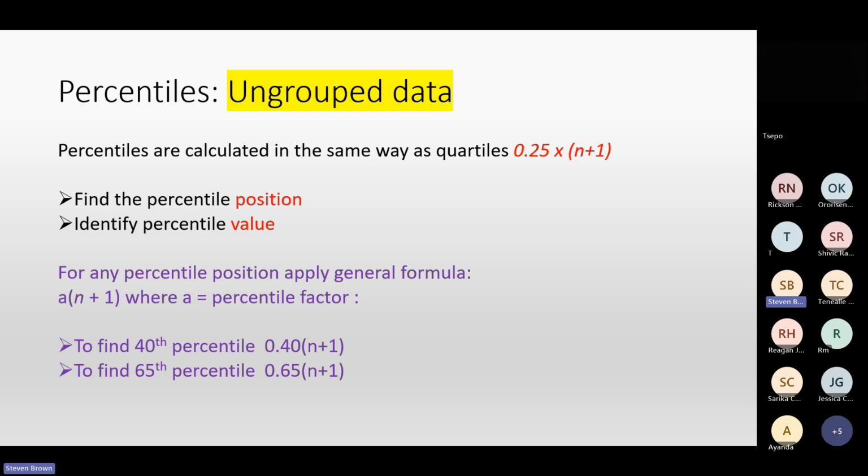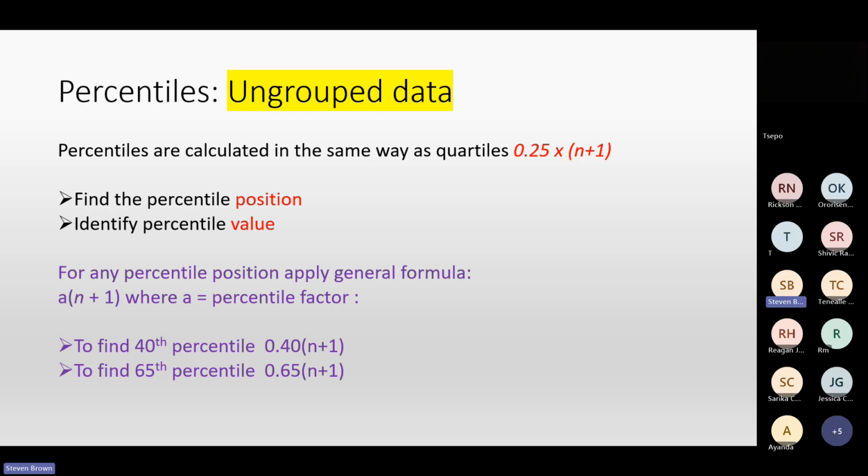So let's assume they ask you the 40th percentile. Then you are going to use exactly the same formula as you used for your quartiles, but instead of the 0.25, you're going to put the 40th percentile in there. So instead of the first quartile, they say 40th percentile, 0.4. 65th percentile, 0.65. 76th percentile, 0.76.